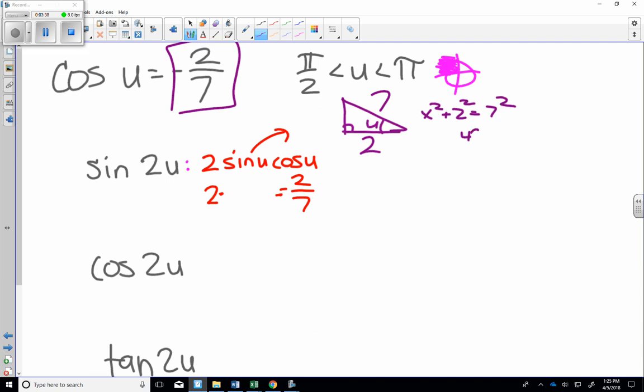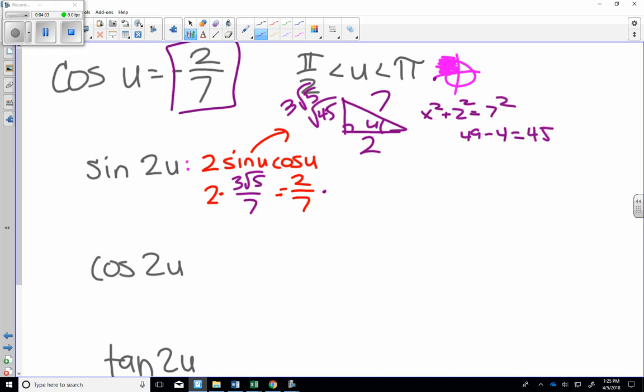So 49 minus 4 is 45. So this is the square root of 45, which is also 3 square root of 5. And so then we have 3 square root of 5 over 7. And let's see, in this quadrant, sine is positive, so it stays positive.